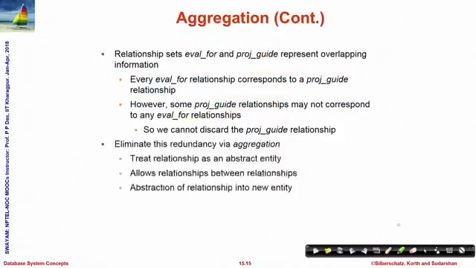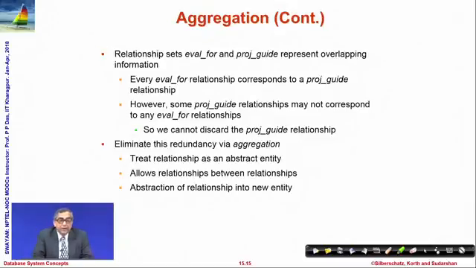So, we need to keep both, duplicating the information. So, we can use aggregation to eliminate this duplication or redundancy of information. What we do is we treat the first relationship, the project guide relationship, as if it is an abstract entity, and then you allow a relationship between 2 relationships.